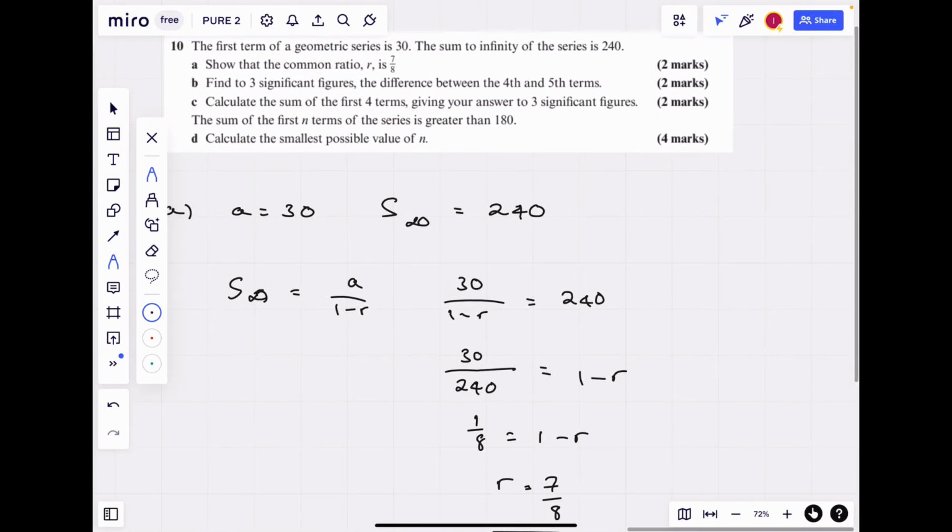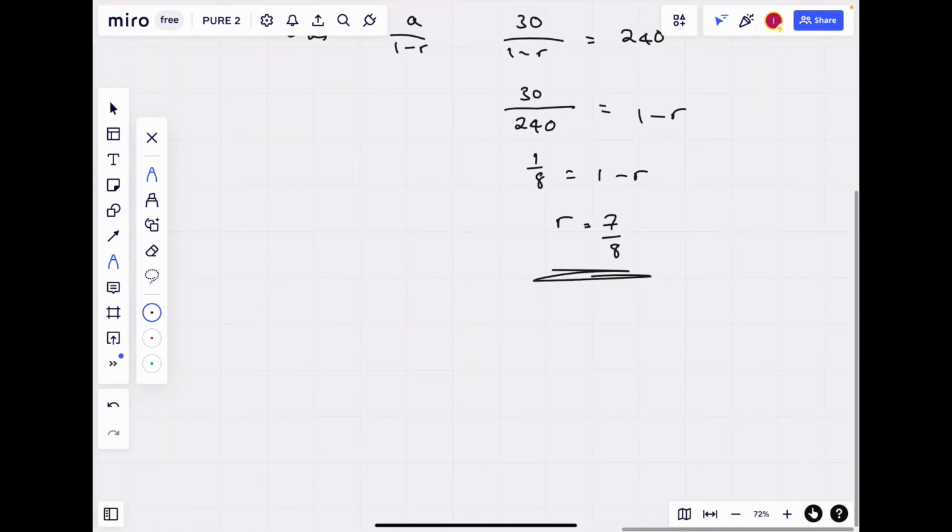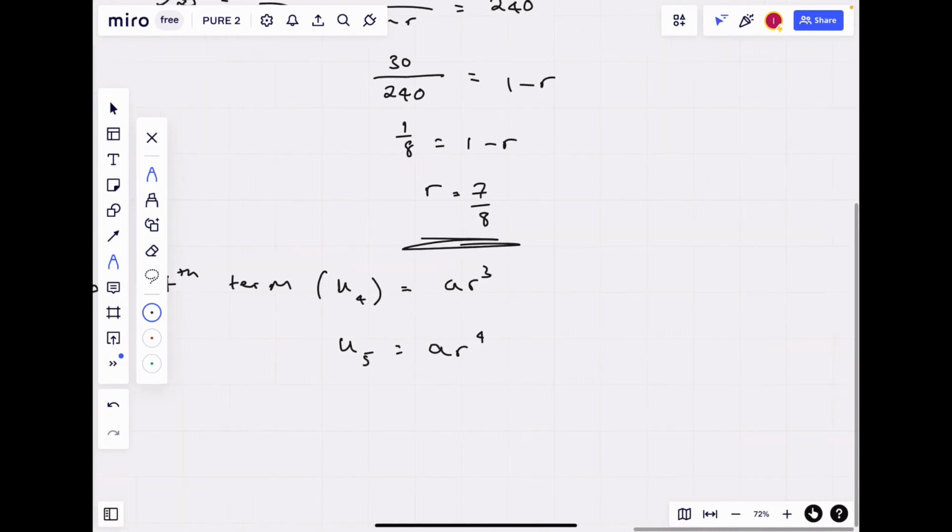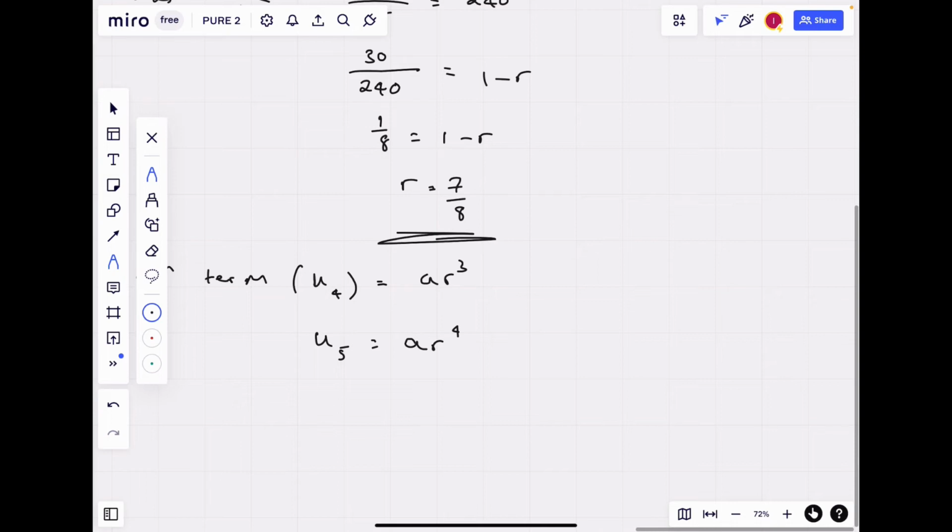Part B. Find to 3 significant figures the difference between the 4th and 5th terms. Okay. The 4th term, which you can write as u4, is ar cubed. The 5th term is ar to the power of 4. You know a, you know r.